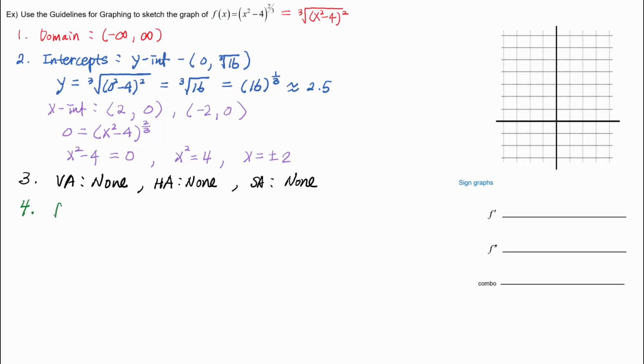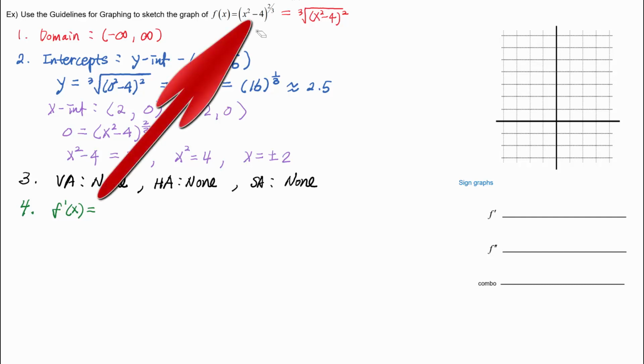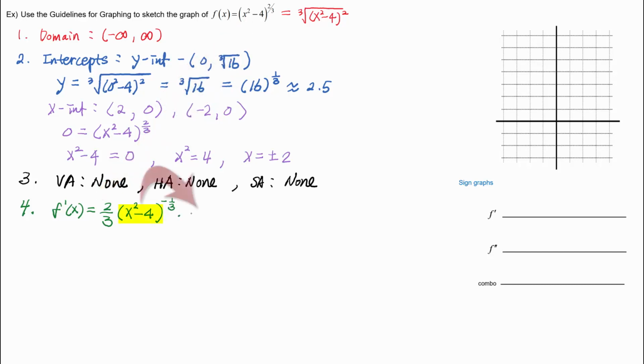So let's find the f prime of x. What is f prime of x? So take the derivative of this one. You take the derivative, the 2/3 power comes down to the front, the inner function raised to the power negative 1/3, which is 2/3 minus 1, times the chain rule, multiplied by the derivative of the inner function, which is 2x.